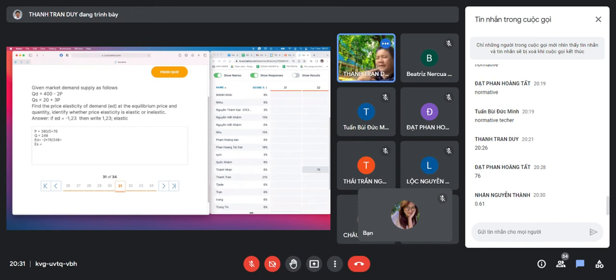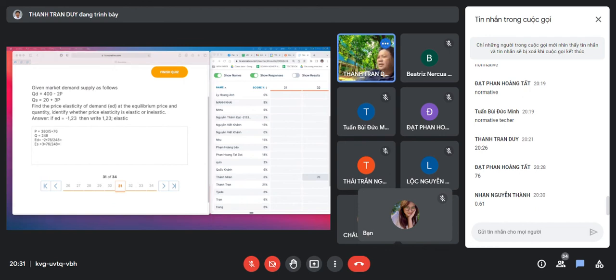And this one will be 3 multiplied by 76 divided by 248, equal to, correct?